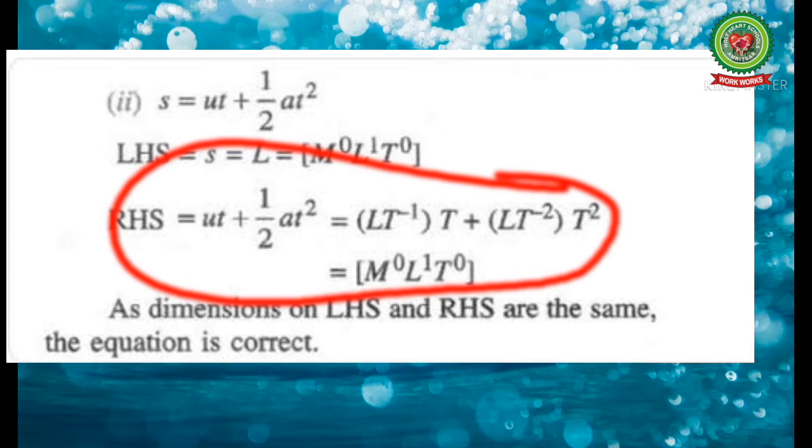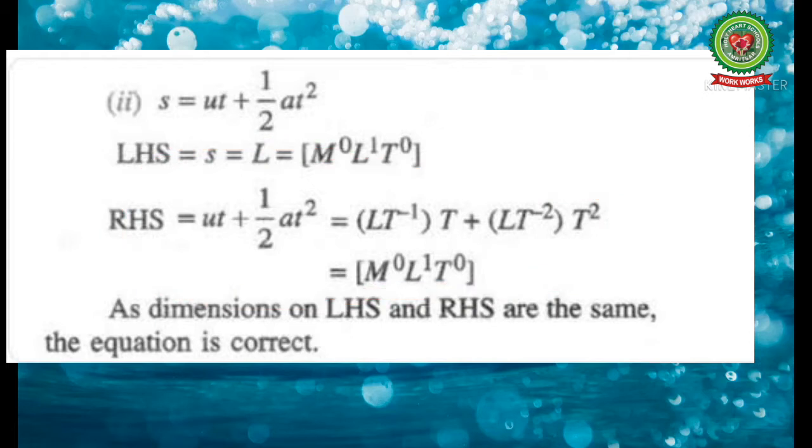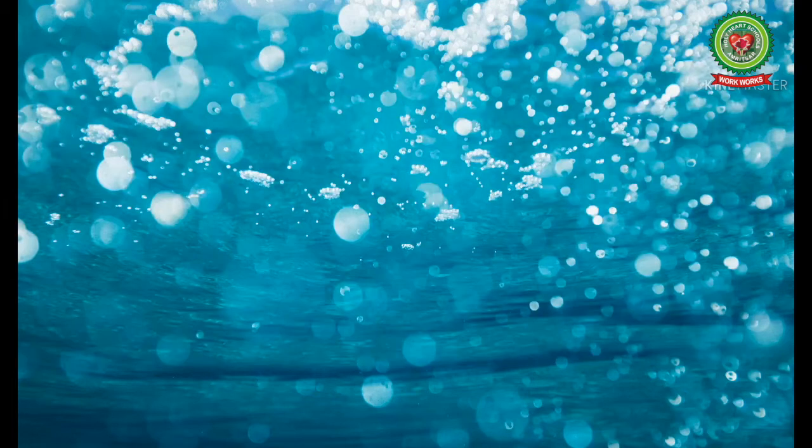A has dimensions LT minus 2 and t square has dimension M0 L0 T2. On solving, we shall get the answer M0 L1 T0. Hence, students, we can conclude from here that LHS is equal to RHS and the equation s equal to ut plus half at square is dimensionally correct.